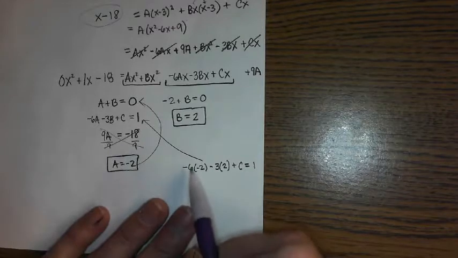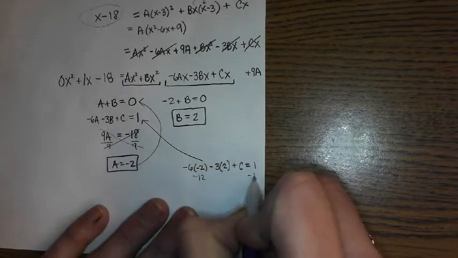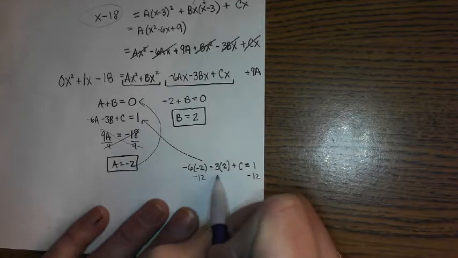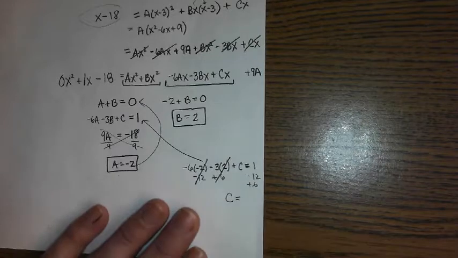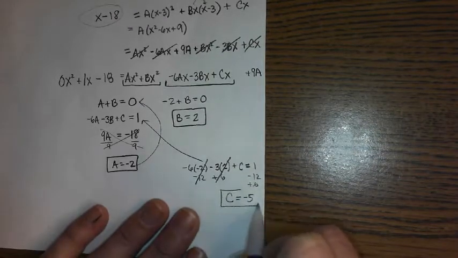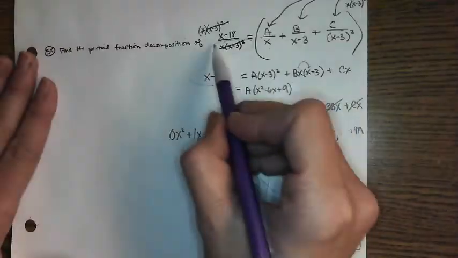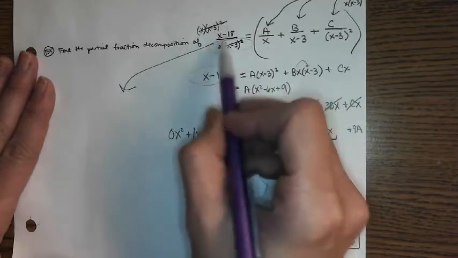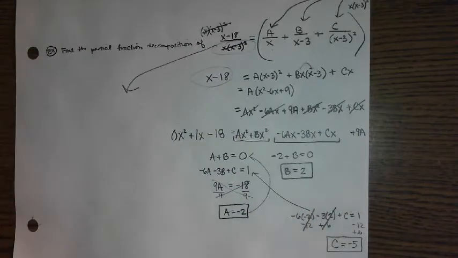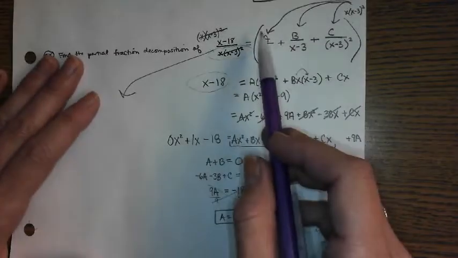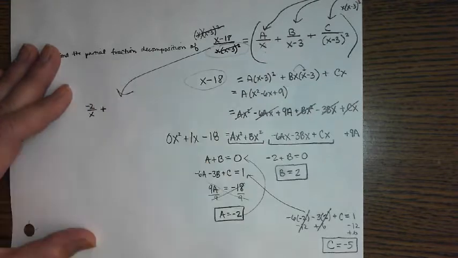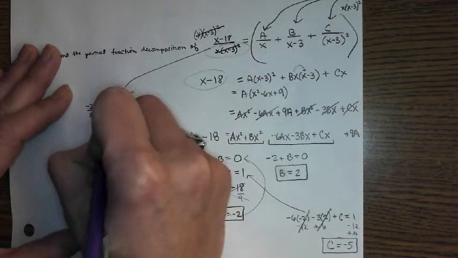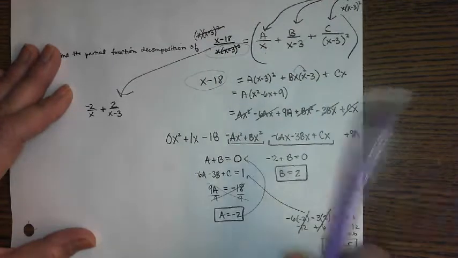So this will be a positive 12, which I should subtract 12 from both sides. This will be a minus 6, so I'll have to add 6 to both sides. So that'll be gone, and c equals negative 5. So your partial fraction decomposition says that this original fraction that we were trying to decompose and break apart does now break apart to being negative 2 over x plus the b, which is 2 over x minus 3, plus the c.